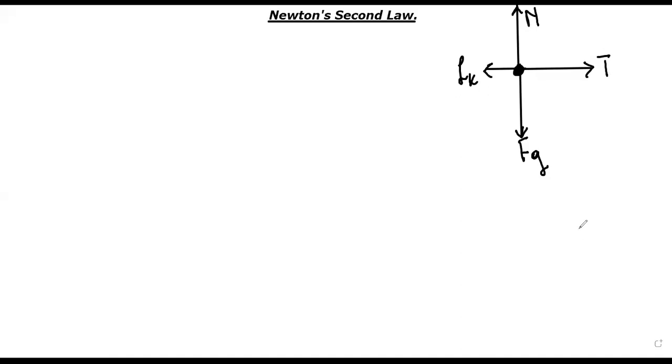Right. Now let's draw the free body diagram for the 3 kg block as well. So for this one, we only have 2 forces that are acting. We have the tension force, which is going upwards because the 6 kg block is pulling it upwards.